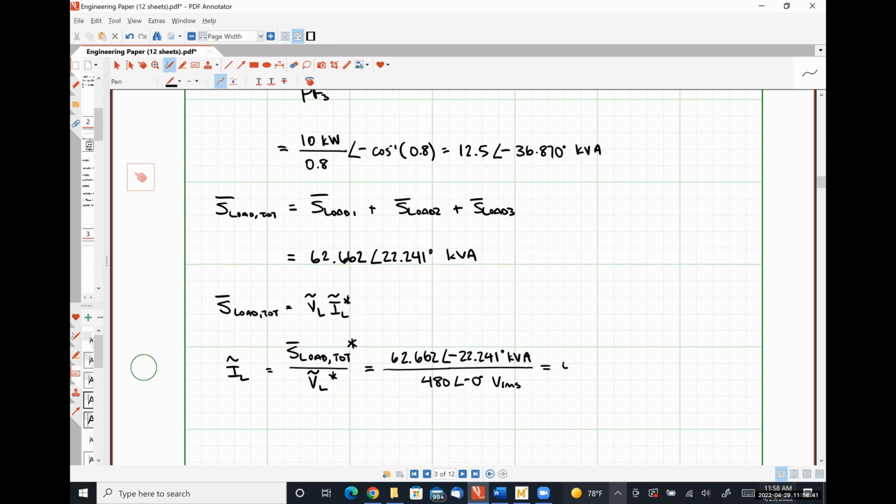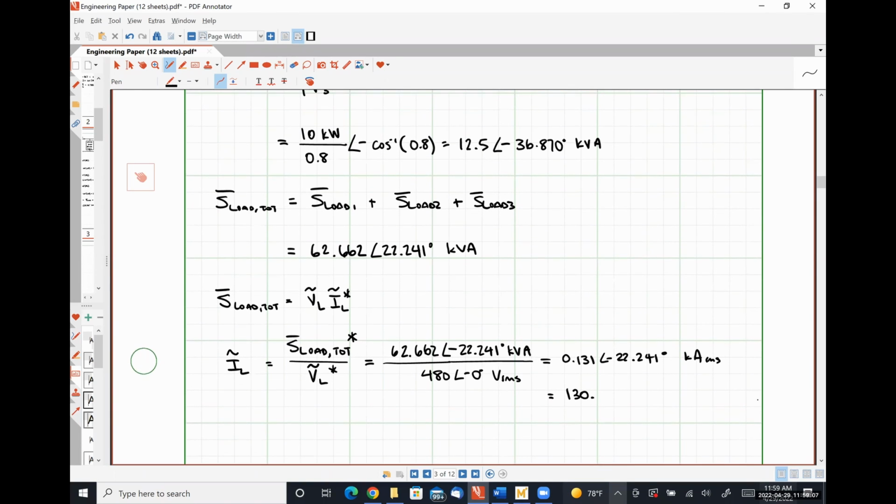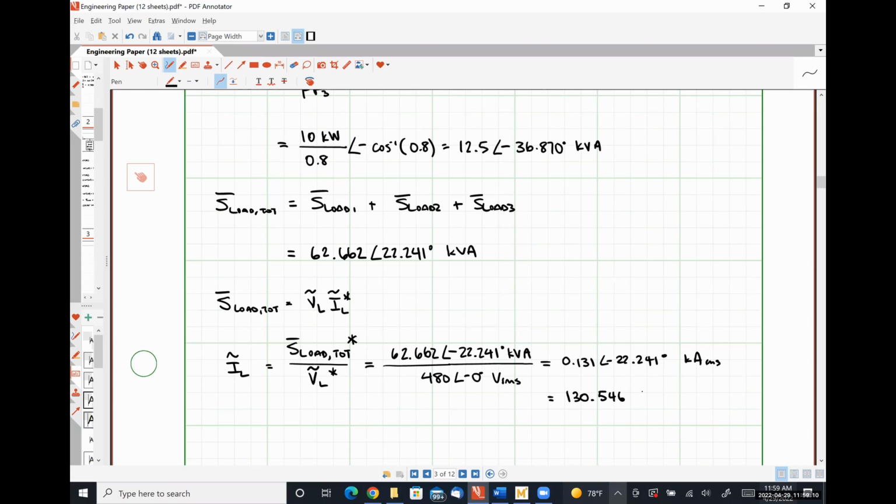And I get 0.131 angle negative 22.241 degrees kiloamps RMS, which is the same as 130.546 angle negative 22.241 degrees amps RMS.